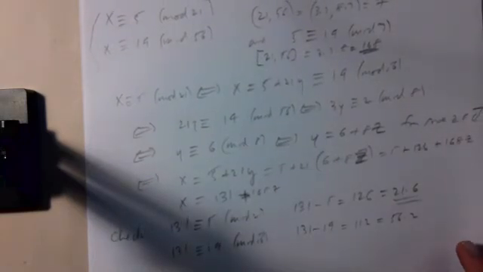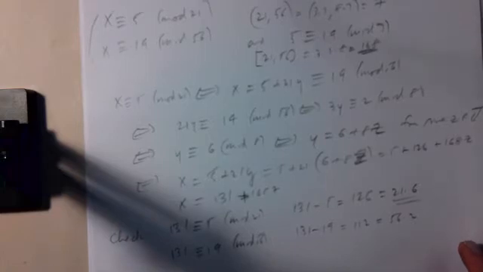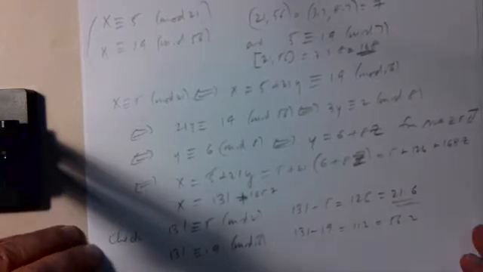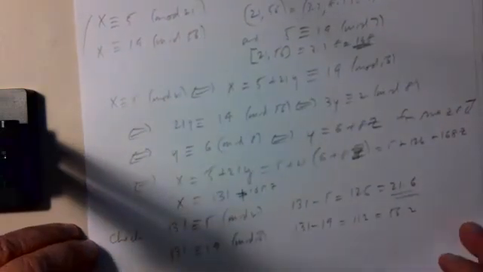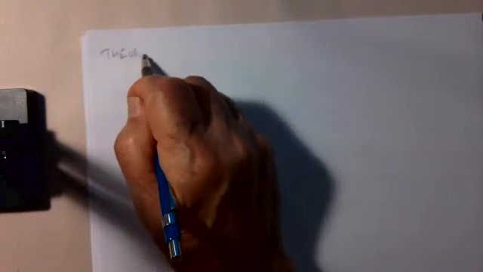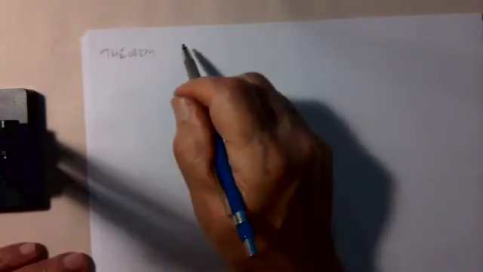So this tells us when we can solve two simple congruences with respect to different moduli. And suppose we have more than two. So this is a more general version of the Chinese remainder theorem.